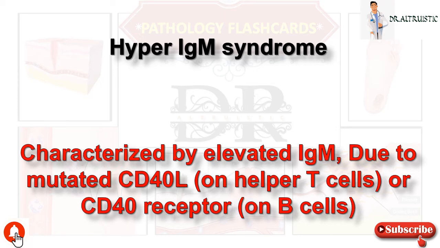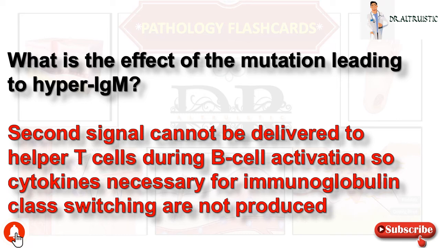Hyper-IgM syndrome is characterized by elevated IgM, due to mutated CD40L on helper T cells, or CD40 receptor on B cells. What is the effect of the mutation?